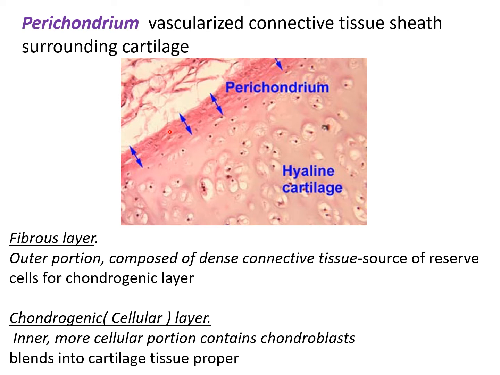It also contains some cells. These are the resident cells of the dense connective tissue, which are the fibroblasts. Thereafter is this inner cellular layer, which consists of chondroblasts, which give rise to more cartilage cells. Now, the perichondrium is absent in the case of an articular cartilage as well as in the case of a fibrocartilage.